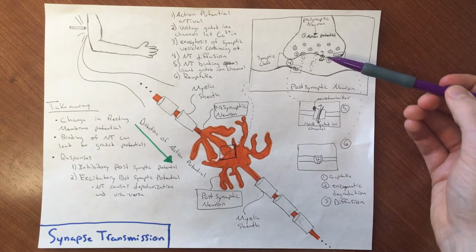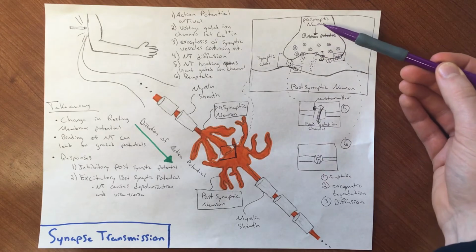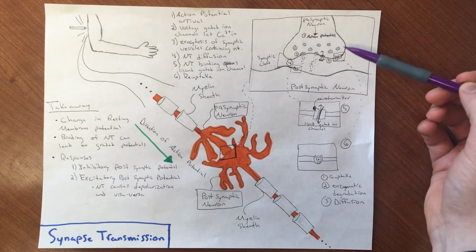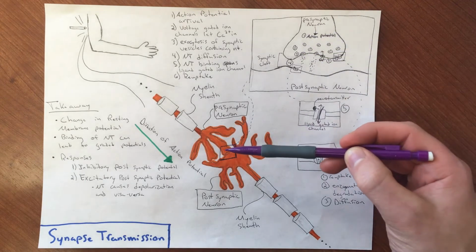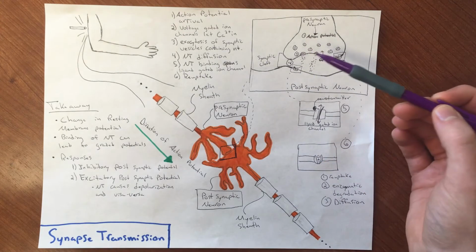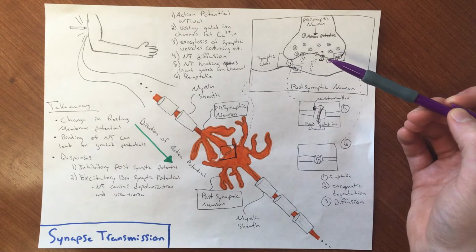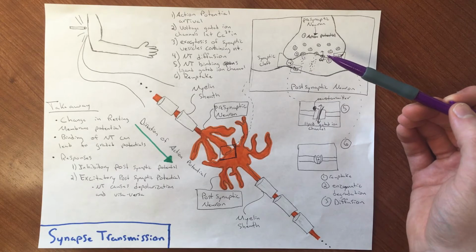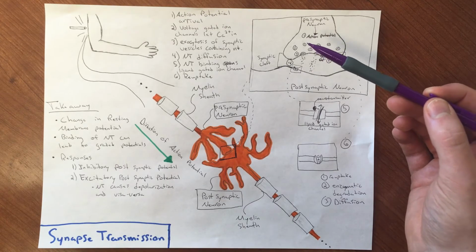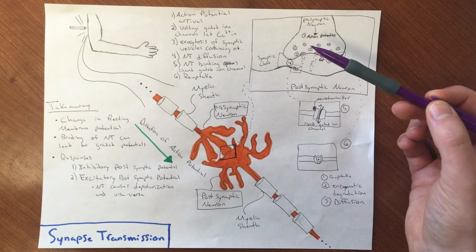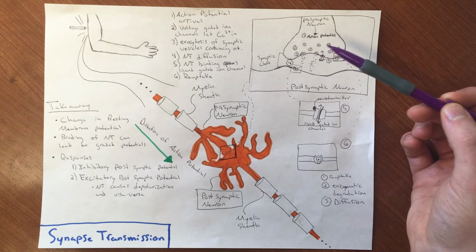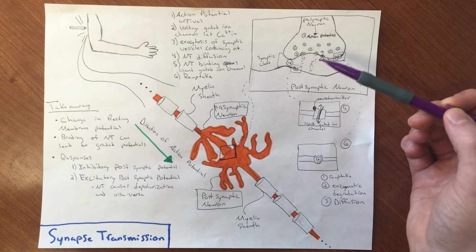What happens is, as this action potential arrives at the axon terminal at the end of the presynaptic neuron, calcium is let in by voltage-gated ion channels. These small bubbles here represent little vesicles that have neurotransmitters in them.